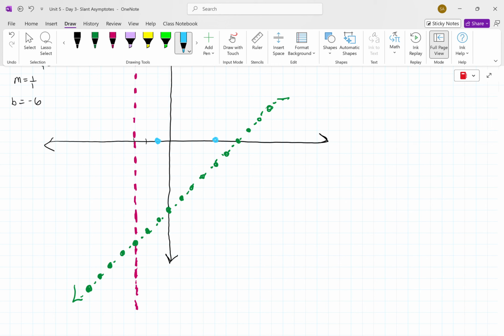All right, so these are 2 points that actually help us figure out what's going on to the right of the vertical asymptote. So remember, all we do is let it lead the way. So I'm going to hug the slant asymptote, turn around, then hug the vertical asymptote. So it looks something like that.